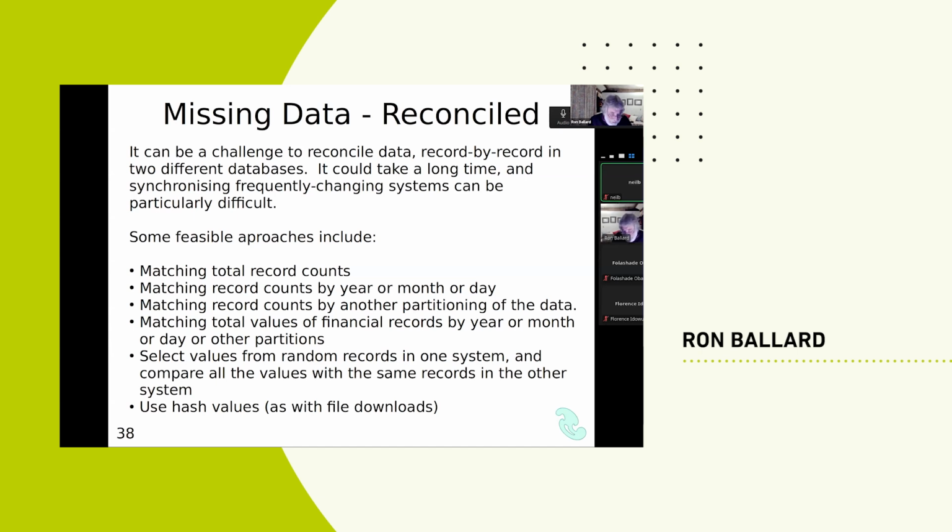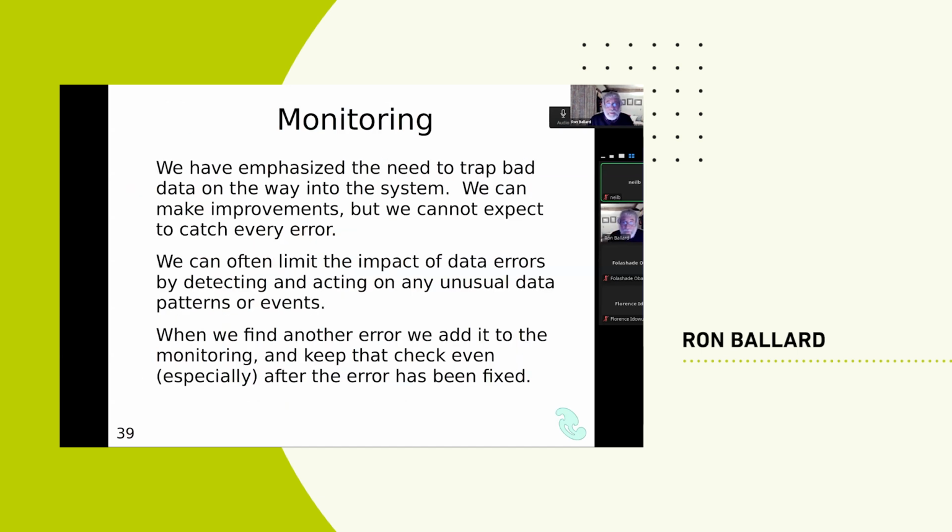We could use hash values on the data as we do with file downloads. That's another way of checking that we've got exactly the same thing, but that won't tell you where the difference is. So there are things we can do.